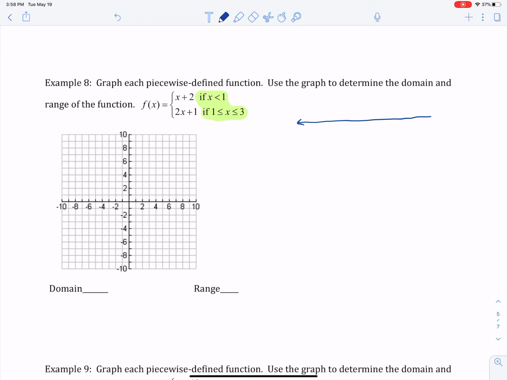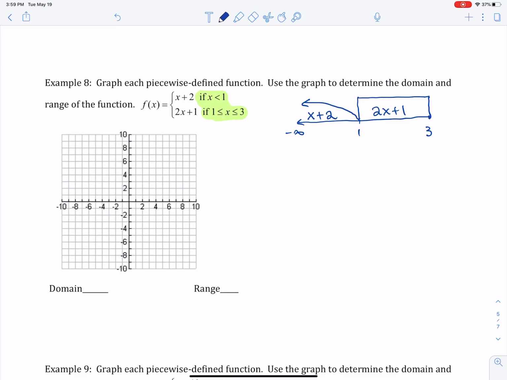It goes from negative infinity to 1, and then it goes up to 3, but then it stops at 3. Between 1 and 3, with 1 and 3 included, the rule is going to be 2x plus 1. And before 1, the rule is going to be x plus 2. And since it's not included, I have my graph a little bit curved.